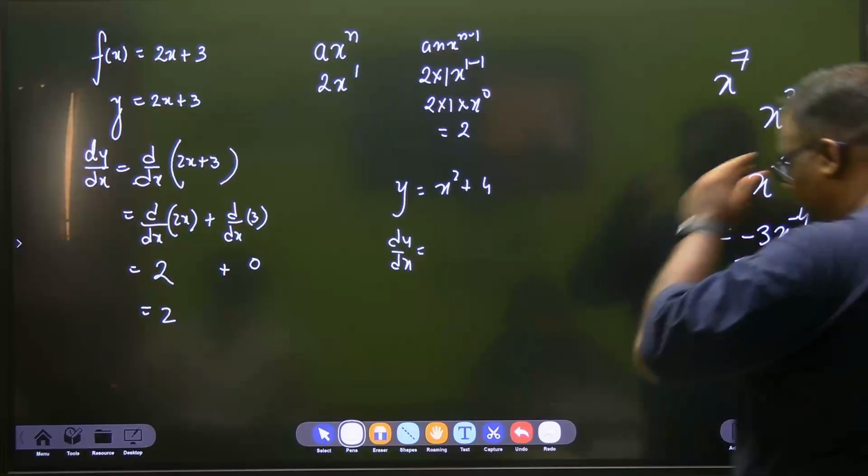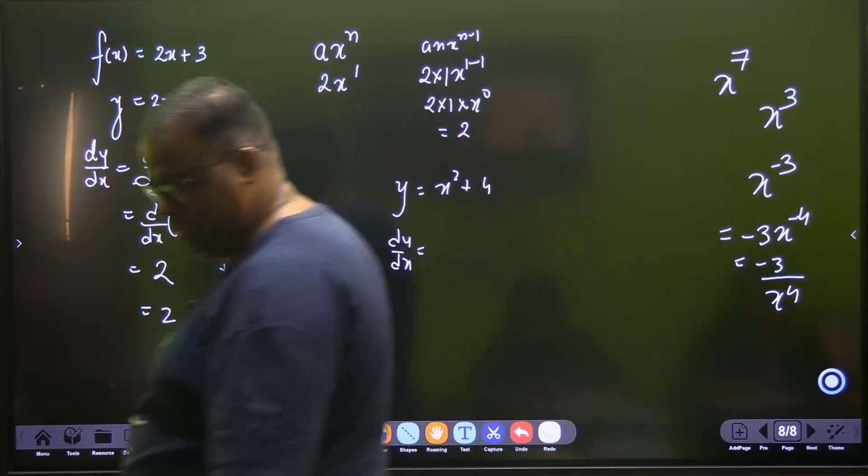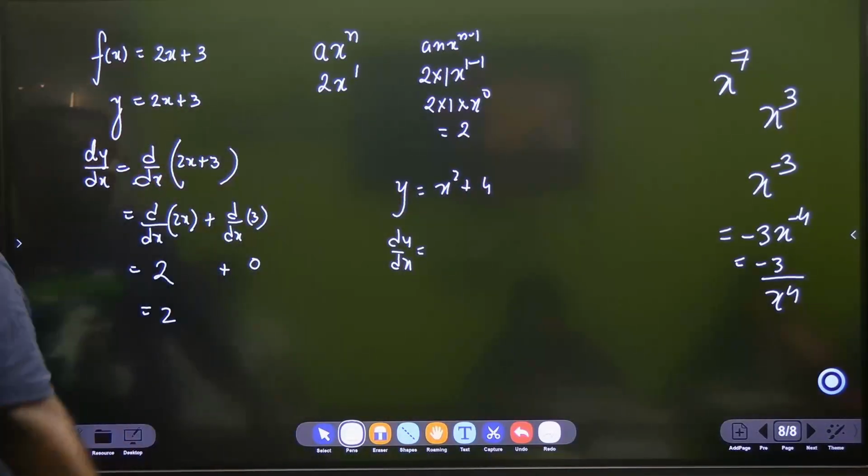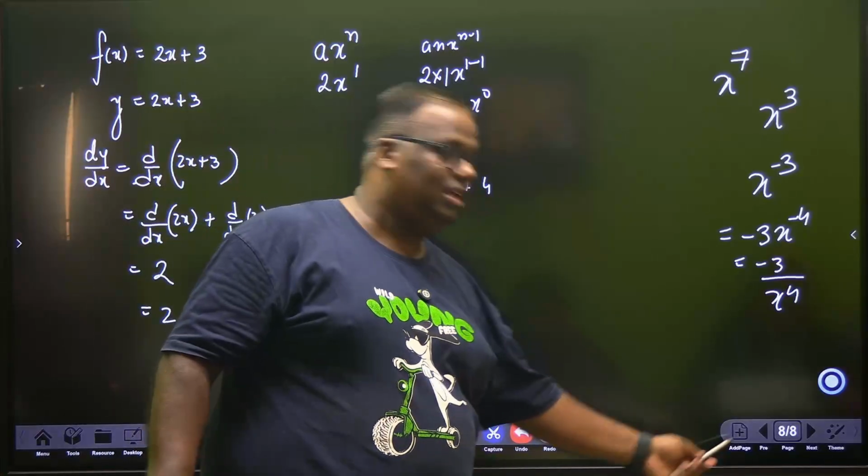Let's differentiate one tougher problem. Our problem is y equal to (x plus 3) whole cube.